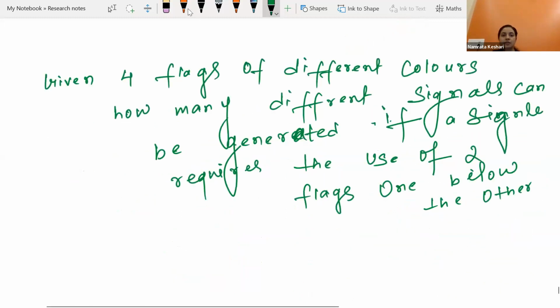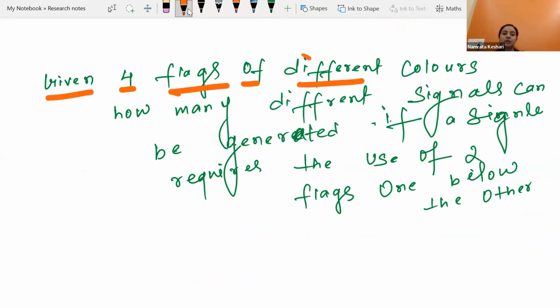Given 4 flags, we are having 4 flags of different colors. How many different signals can be generated? Total 4 flags are there, of different colors.